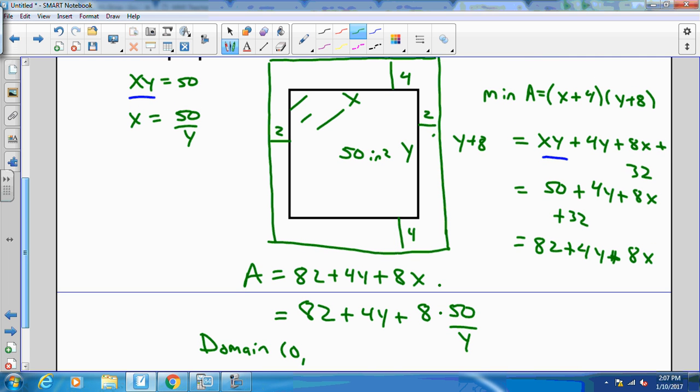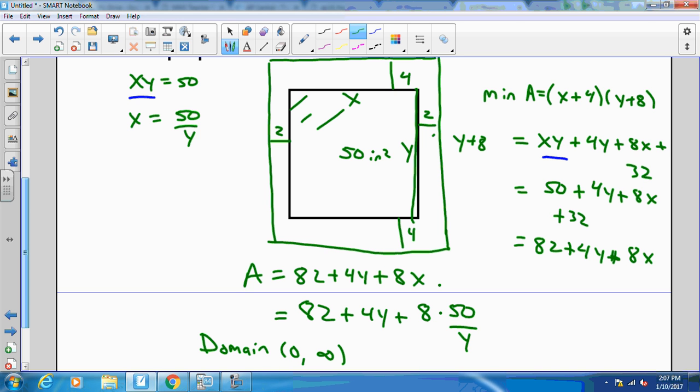This is where the diagram really clarifies that for us. The diagram clearly shows that y is this distance right here, which does not include the margin. So y cannot equal 0. Correct. And so that's why I put the open boundary in there. Y could be as large as I want if I'm willing to make x skinny. So we have a domain of 0 to infinity.